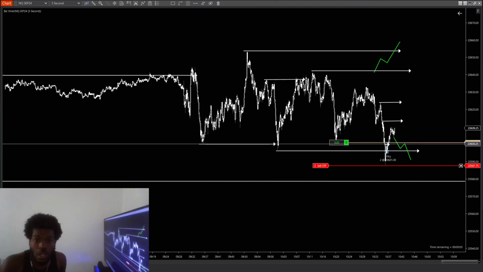So expect an impulse, a pullback, and a continuation, because you're getting in at the very beginning of a trend. It hasn't even made the first pullback yet, and we know that it's around the third pullback that price reverses.